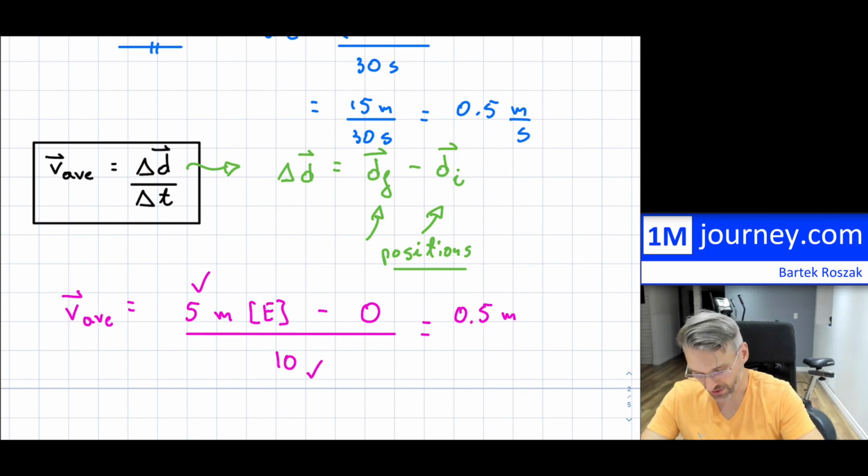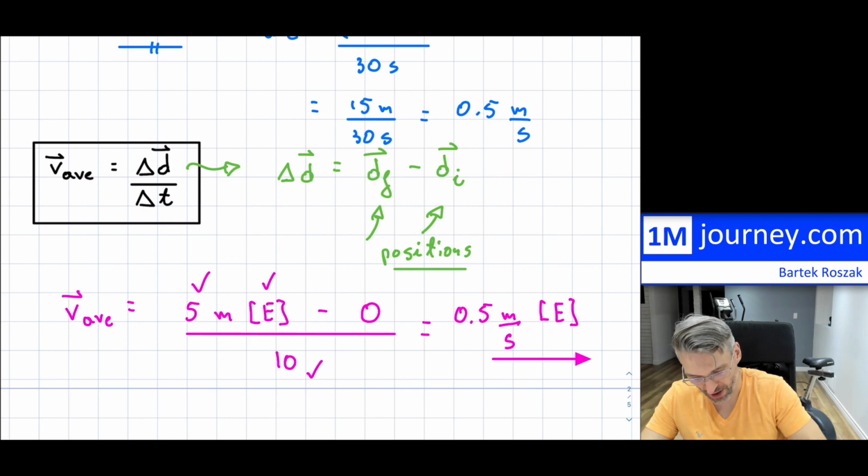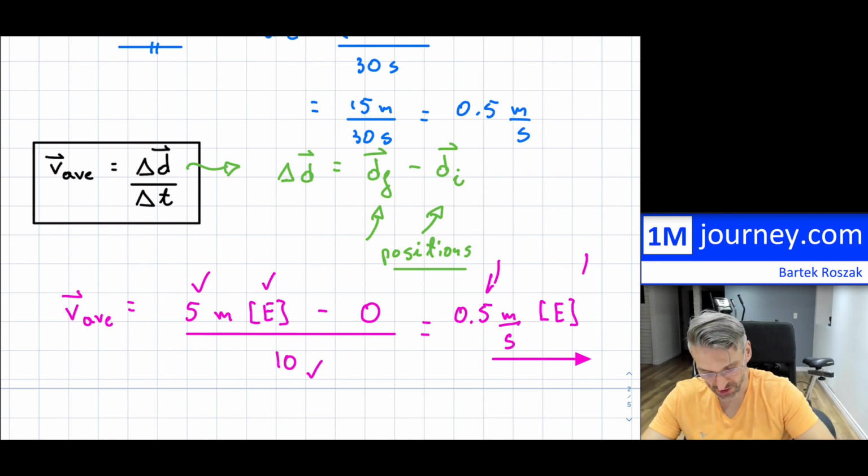This direction stays, so it is in that direction, because we were moving in this direction. What this is telling us is that we are traveling half a meter every single second, on average, going east. So this is the vector.